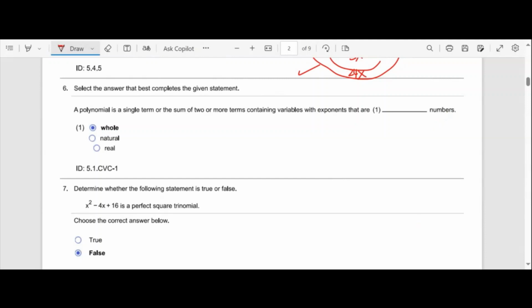A polynomial is a single term, or the sum of two or more terms, containing variables with exponents that are... numbers. Now let's see. A single term or the sum, meaning one term or two or more terms, containing variables with exponents. These will be whole numbers, because natural numbers together with real numbers will give us whole numbers. So the answer will be whole numbers.